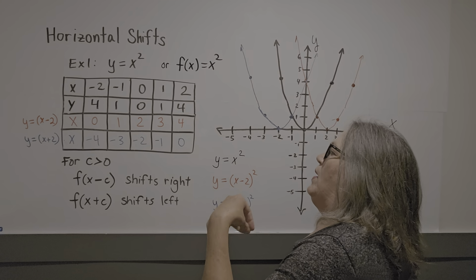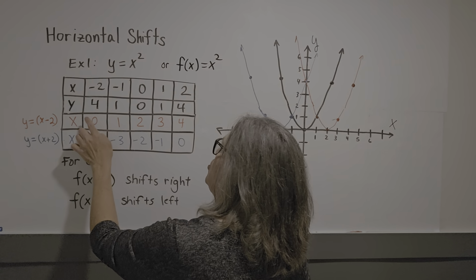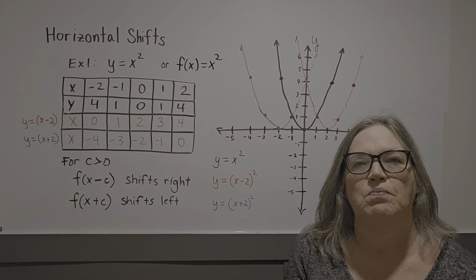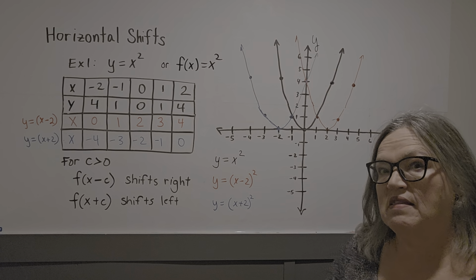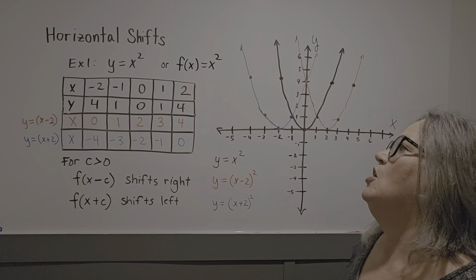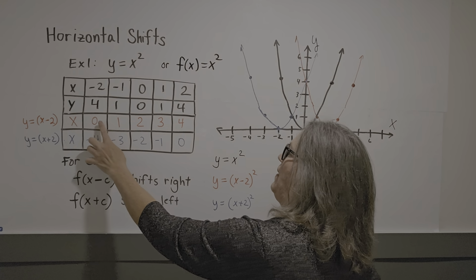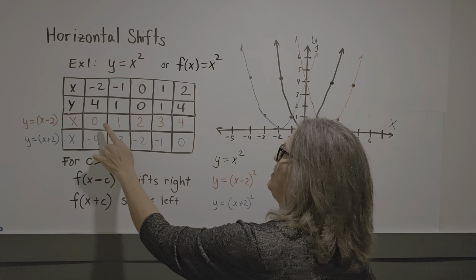So when you're subtracting 2, you're just trying to get an x value that's going to compensate for the fact that you're subtracting 2 to get the same y value out. So that's why we subtract. So these x values are all shifted up by 2.